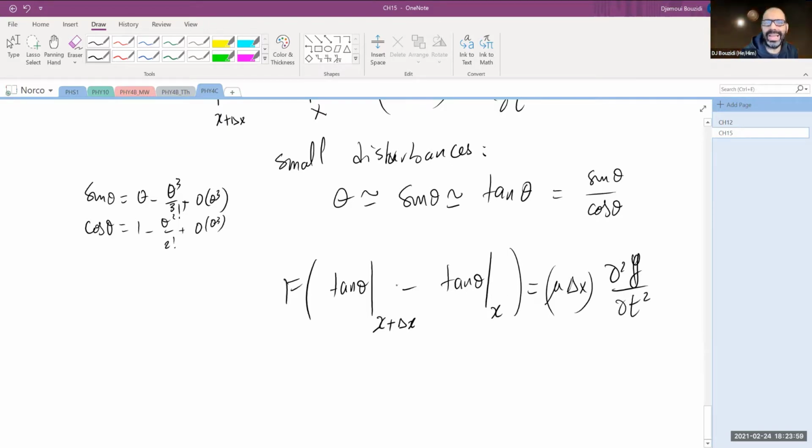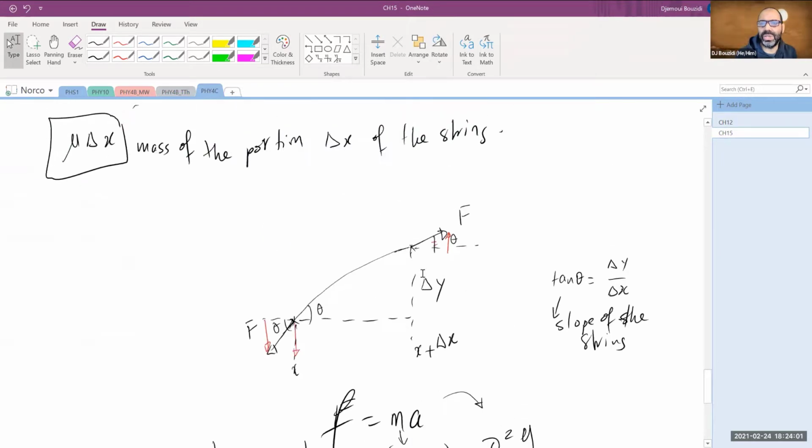Where tangent of theta is just the ratio of delta y over delta x, because this is delta x. Tangent of theta is delta y over delta x, that's all.